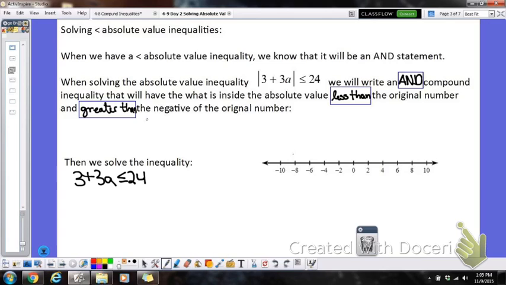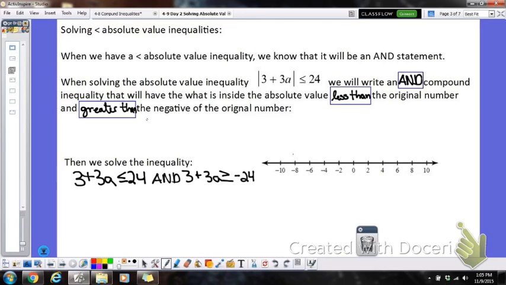And then it will also have to be greater than or equal to the negative of the original number, so negative 24. And since it's an AND statement, I will put AND in the middle between these. So I just made two inequalities: 3 plus 3a is less than or equal to 24, and 3 plus 3a is greater than or equal to negative 24.